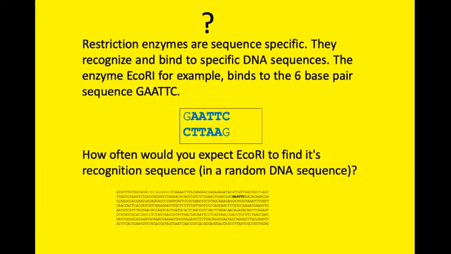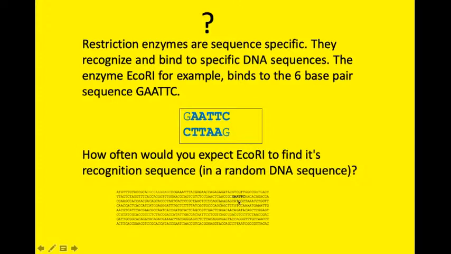So restriction enzymes are sequence specific. They recognize and bind to specific DNA. The enzyme EcoRI, for example, binds to GAATTC. So how often do you expect EcoRI to find its recognition site? Within this sequence, if you want to find how many times EcoRI will attack and cut this palindromic sequence GAATTC, it is only at this one place here.